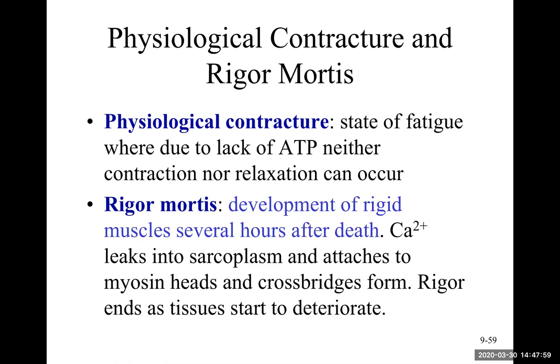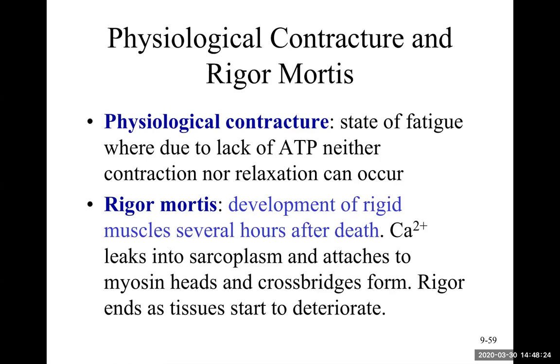So people go into a state where they're completely contracted and no new ATP is available. Their body is stuck in a phase where it's just rigid and tight. That's rigor mortis.